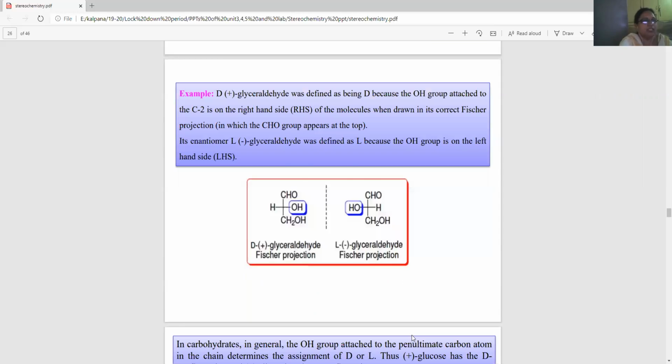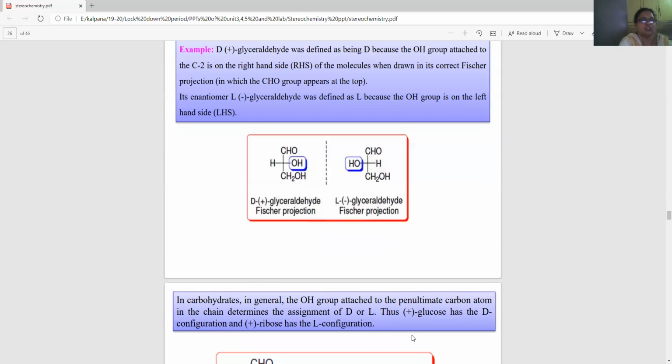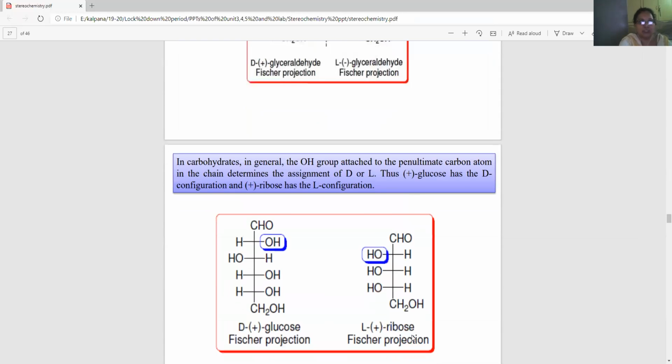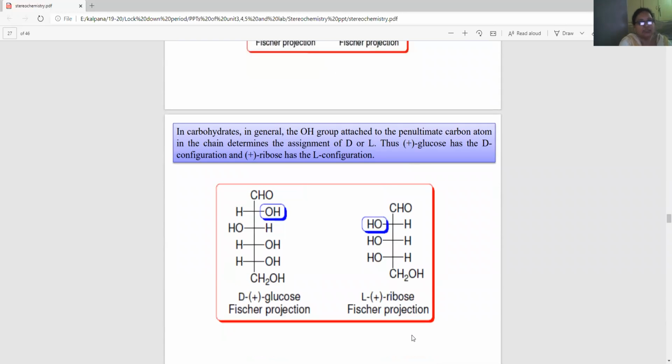Then, in carbohydrates in general, the OH group attached to the penultimate carbon atom. So remember this, the penultimate carbon atom in the chain determines the assignment of capital D or capital L. Thus, glucose has the D configuration and ribose has the L configuration.